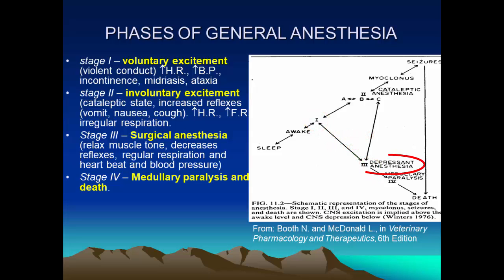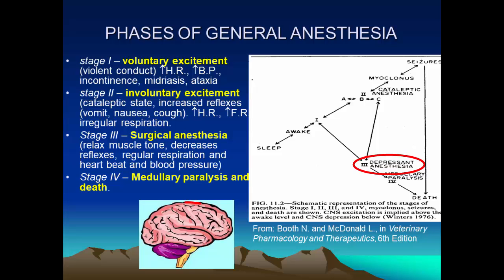In stage 3 of surgical anesthesia, we could say that most of the cortex functions are now suppressed, but the respiratory and cardiovascular centers, which are located in the brainstem, remain unaffected.